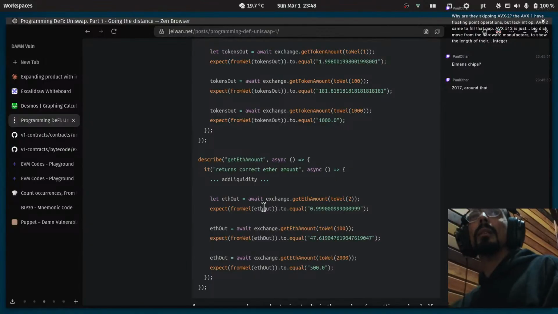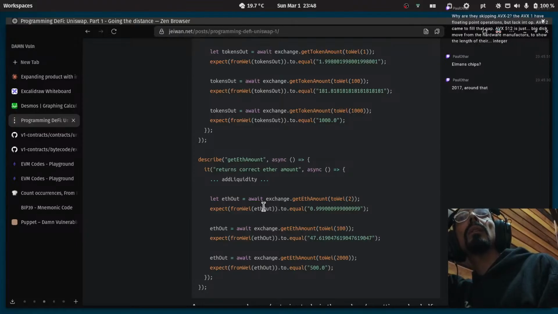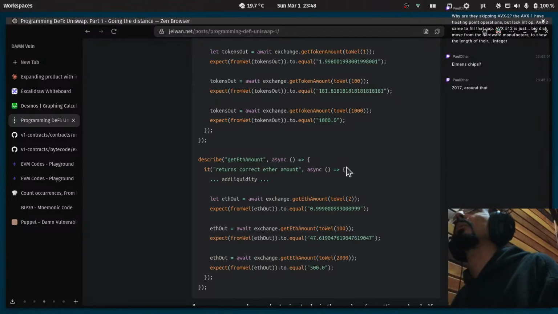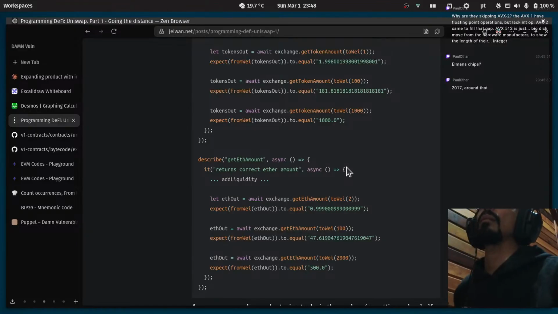Why are they skipping the 2, and they won't have floating point operation, like in OP? The 2 came to fill the gap. It's just a big something. So yeah, I don't know why. Maybe the post is old. I remember I had some processor with the 2, but it's after Pentium 3.